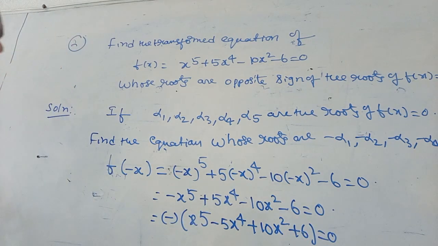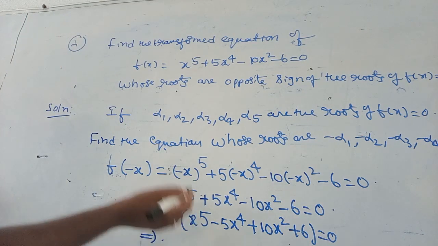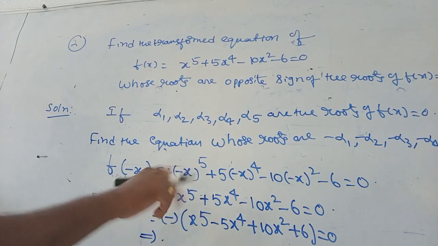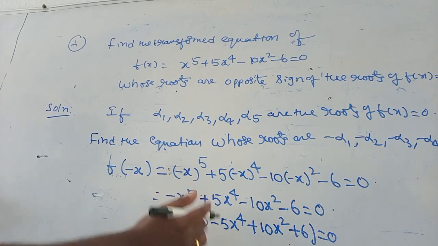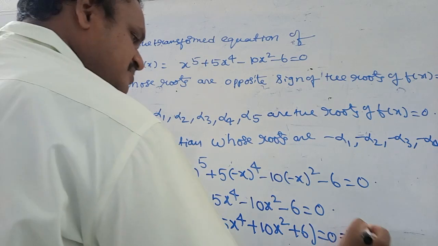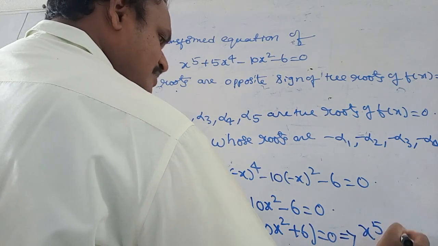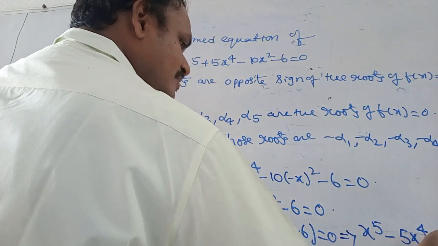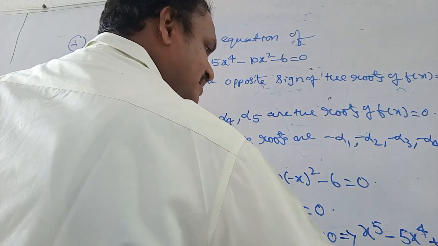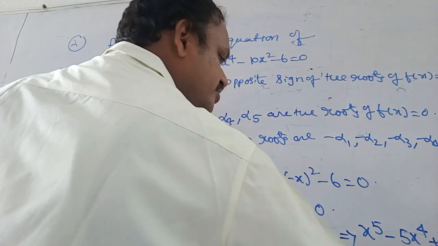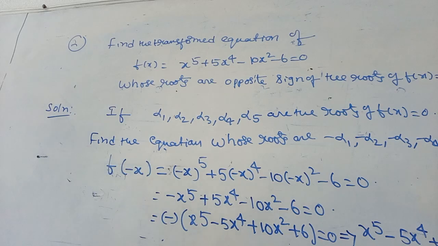This is the transformed equation, my dear students, whose roots are the negatives of the roots of the original equation f of x is equal to 0.